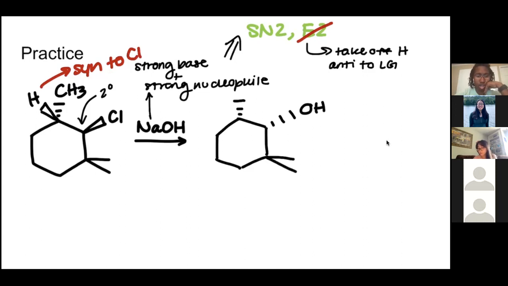Remember inversion of stereochemistry. So this OH that replaces the Cl is going to be on a dash instead of a wedge. All right. Anyone need a little bit more time to write this down? If not, I'm going to go ahead.